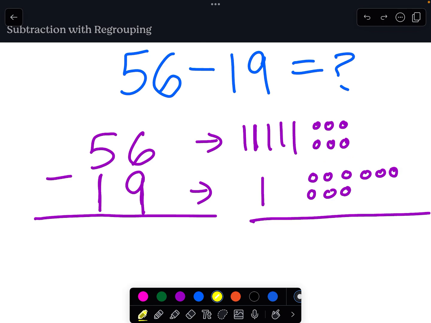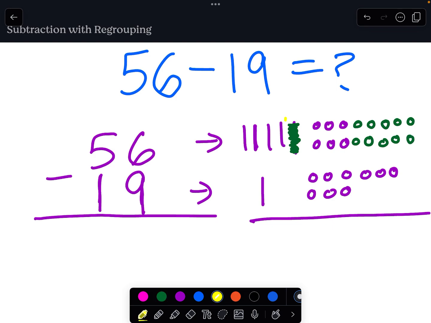So what I'm going to do is I'm going to borrow from a group of 10 in the number 56. How do I do that? Well, if you recall, I said that each one of these lines represents a group of 10. They represent 10 ones. So we're going to take away one 10. We're going to regroup it into 10 ones in our ones place. 1, 2, 3, 4, 5, 6, 7, 8, 9, 10.